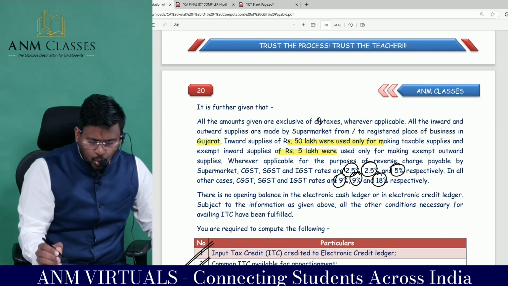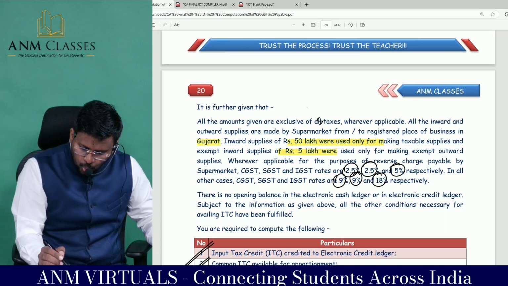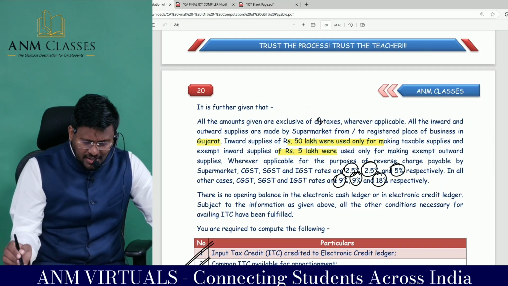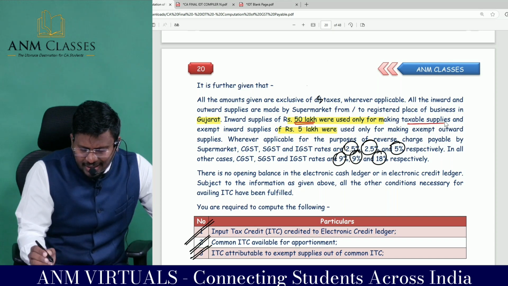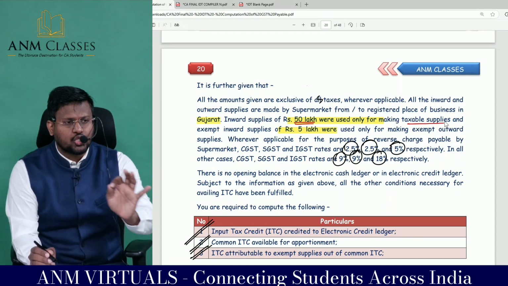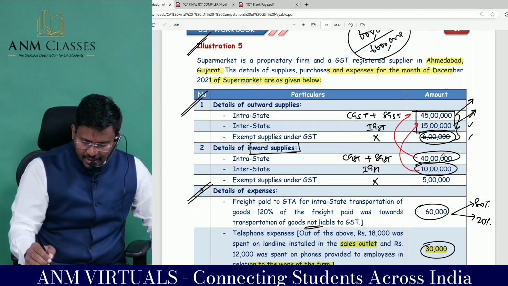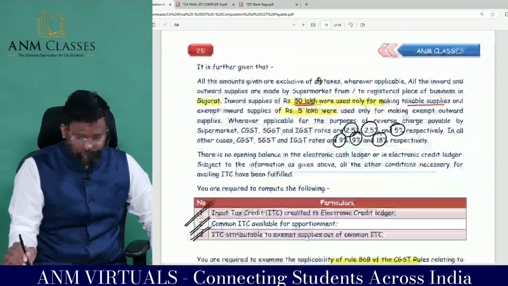It is further given that all the amounts given are exclusive of all taxes wherever applicable. All the inward and outward supply are made by the supermarket either from or to a registered place of business in Gujarat. Inward supply of 50 lakh were used only for making taxable supply. So there is no scope of apportionment. Because you are having inward supply of how much? 50 lakh. Look at the inward supply, 40 lakhs plus 10 lakh comes to 50 lakh.